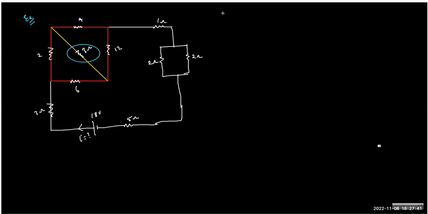In JEE Advanced, the toughest question is the question based on the Wheatstone bridge. There are some other forms of Wheatstone bridge which are not very appealing in this shape. So let me show you.